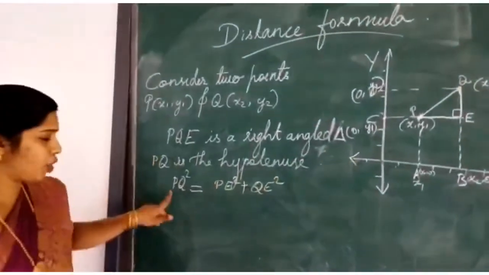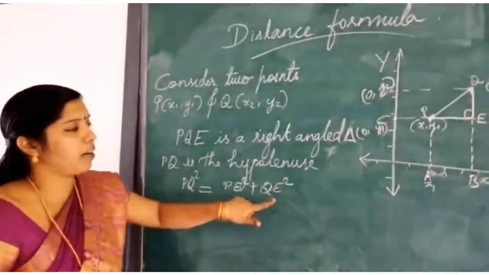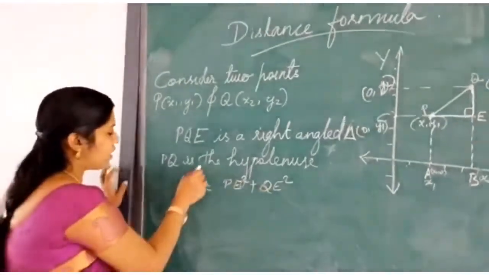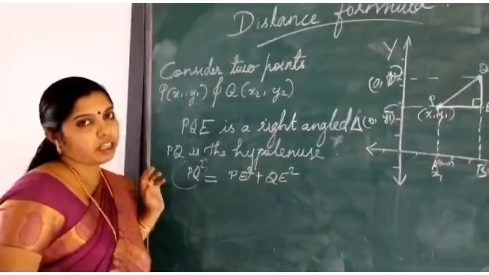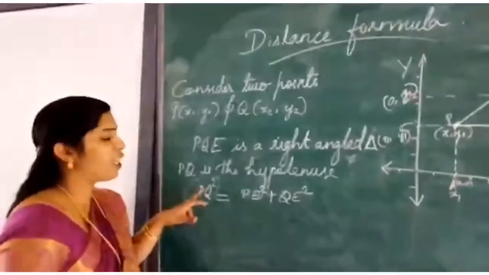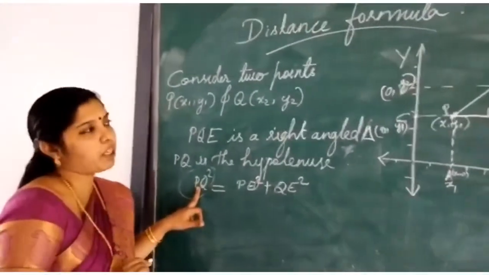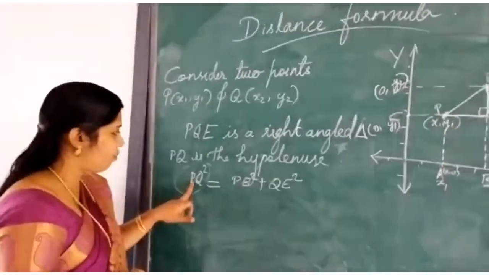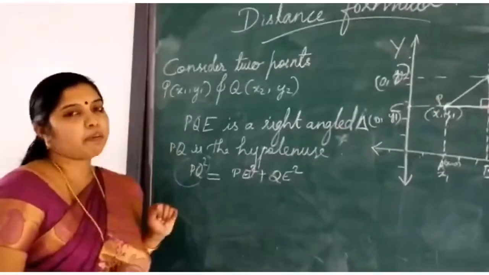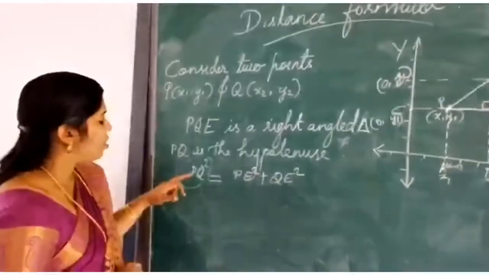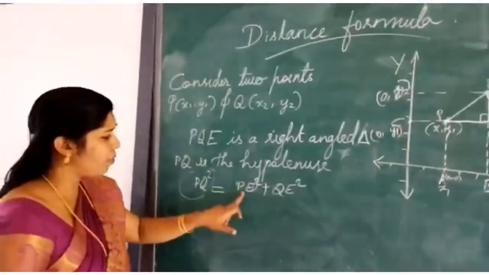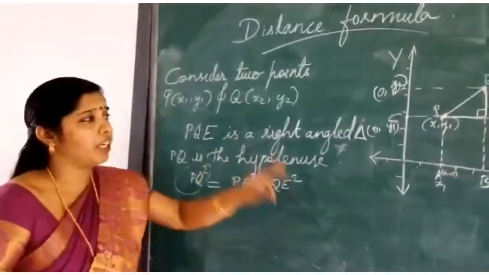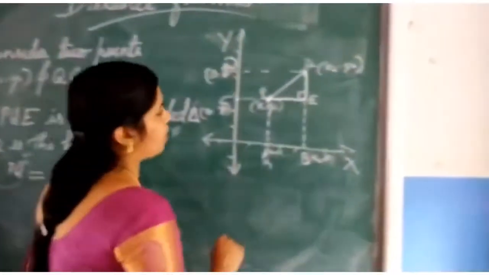This is what we are trying to find, PQ, the length between P and Q. That's why we apply the Pythagoras theorem. For that we need PE and QE. Let us check what PE and QE are.